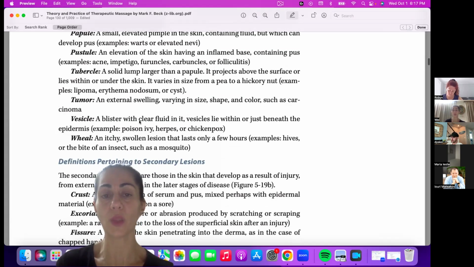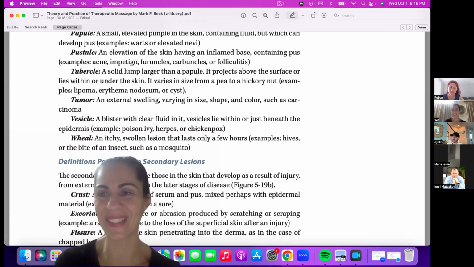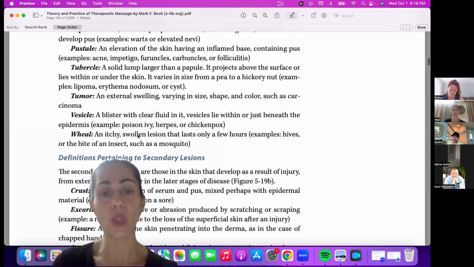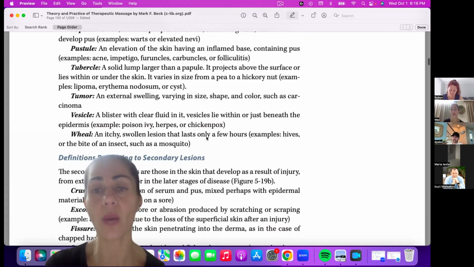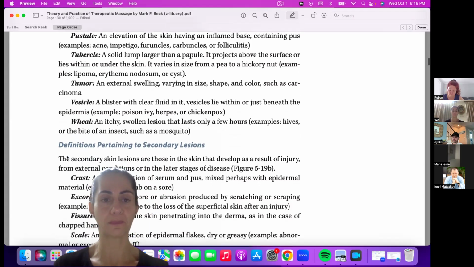Vesicle is more of a blister with clear fluid. Has anybody had chickenpox before? It's terrible. So that's more like it. A wheal is an itchy, swollen lesion that lasts only a few hours, like hives, insect bites. They're very, very minor, no big deal.